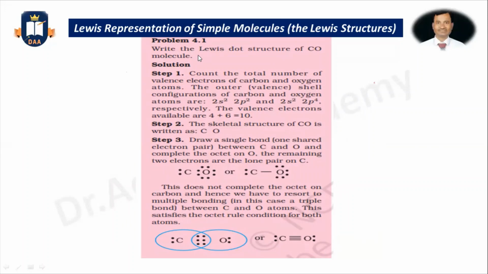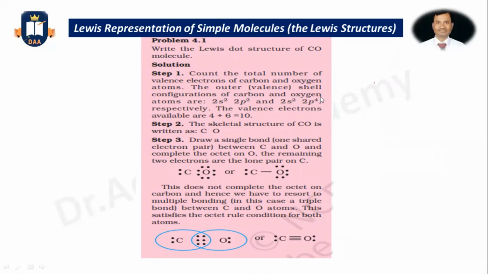So here is some problem. Write the Lewis dot structure of the CO molecule. First you have to count the total number of valence electrons of the carbon and oxygen atoms. For carbon, what is the electronic configuration of the outer shell? 2s2, 2p2.